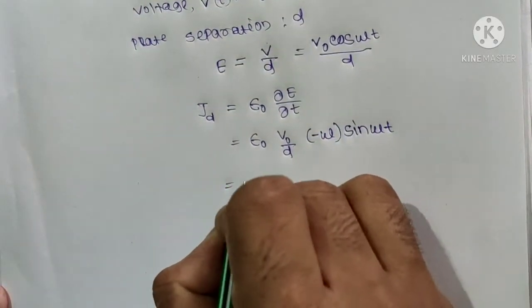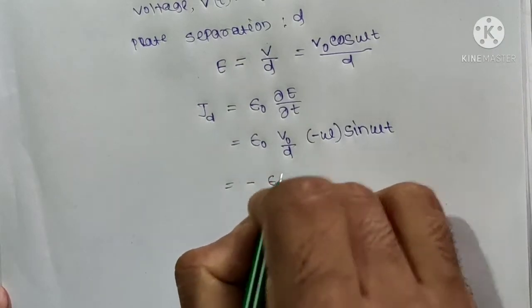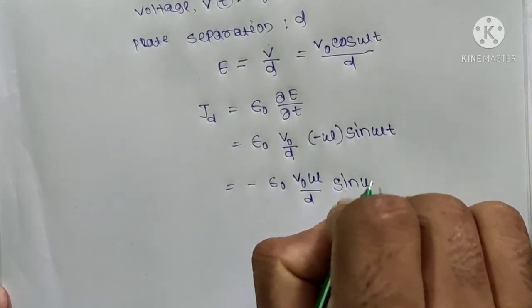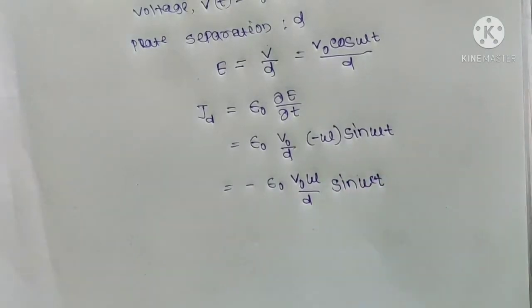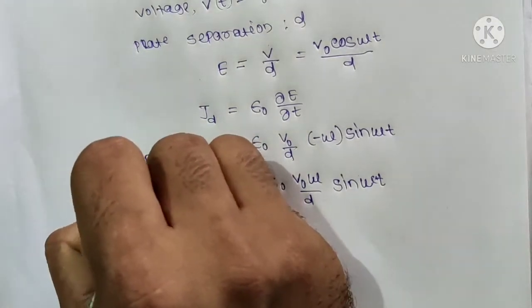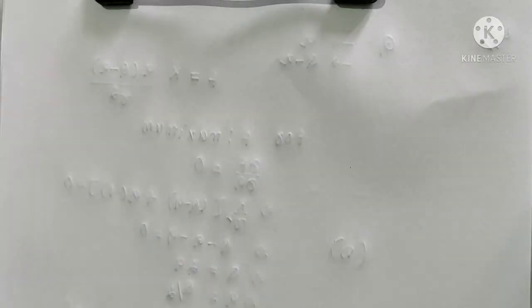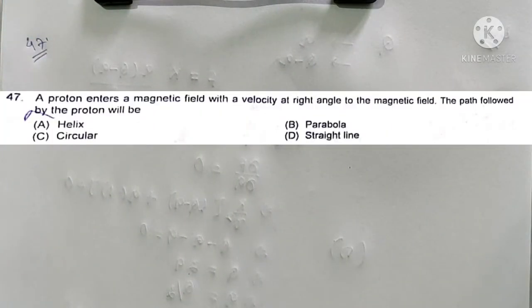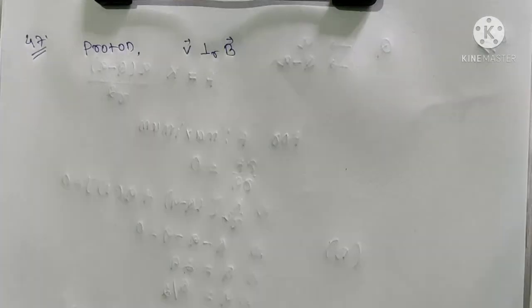So it is minus epsilon naught V naught omega by d sin omega t. So your correct option is option D. Question number 47. A proton enters a magnetic field with a velocity at right angle to the magnetic field. The path followed by the proton will be.